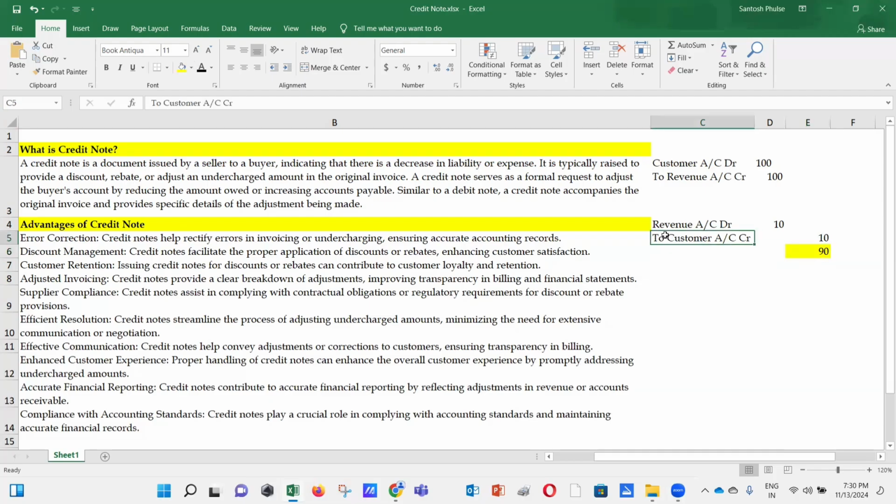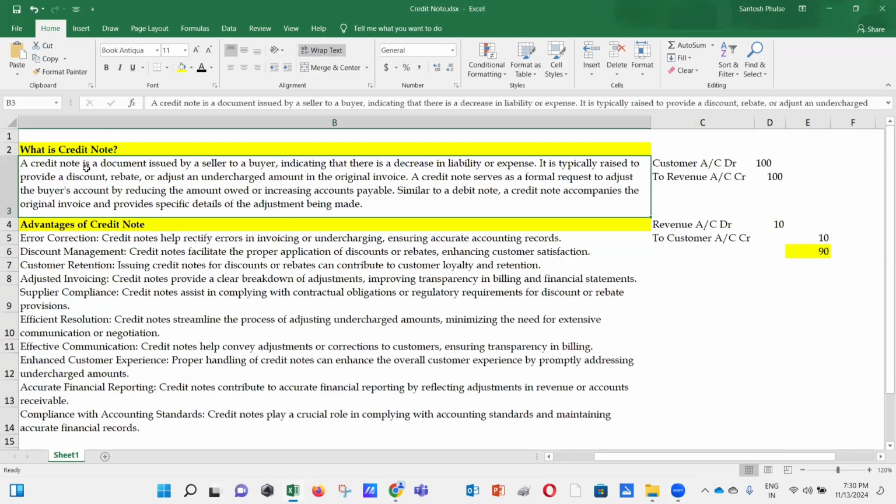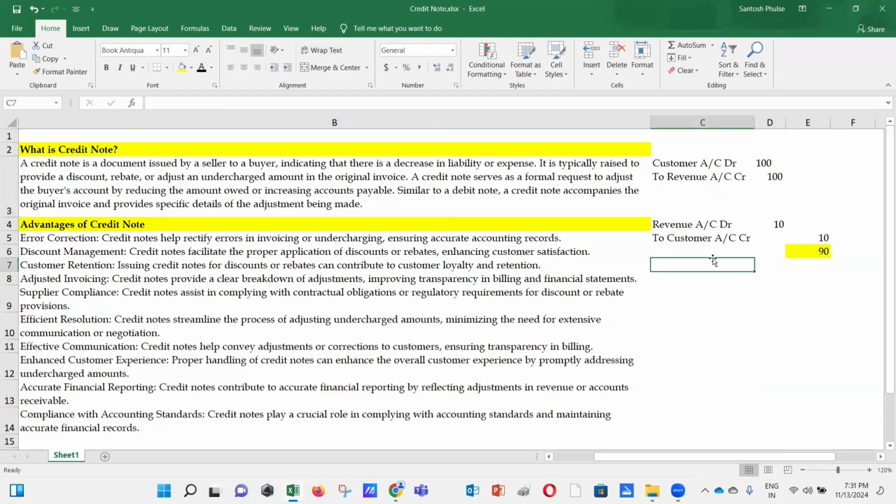We have raised the credit note on the customer. Sometimes we provide a discount or rebate, or adjust an undercharged or overcharged amount in the original invoice. Take providing a discount: sometimes we want to give the customer a discount. We agree that if you do business with us for 1,000 rupees in a quarter, we are going to give you a discount of 100 rupees.